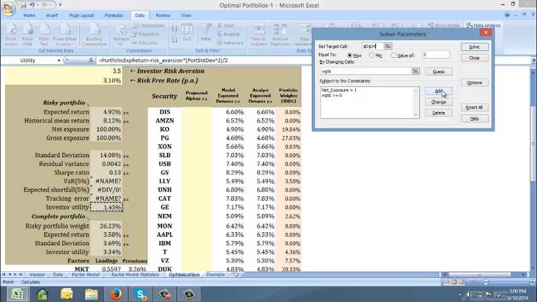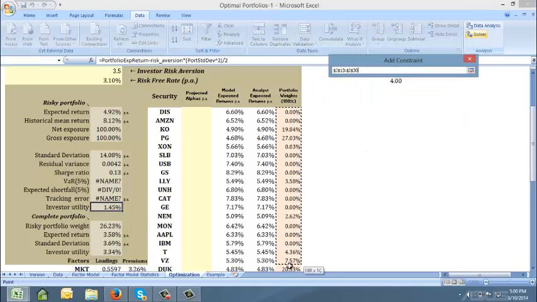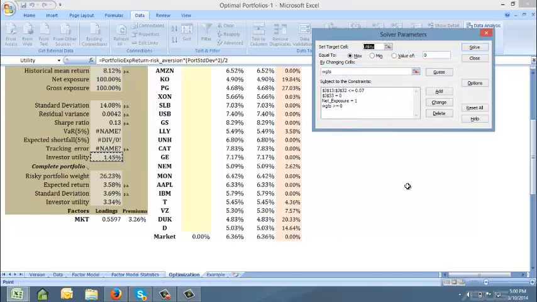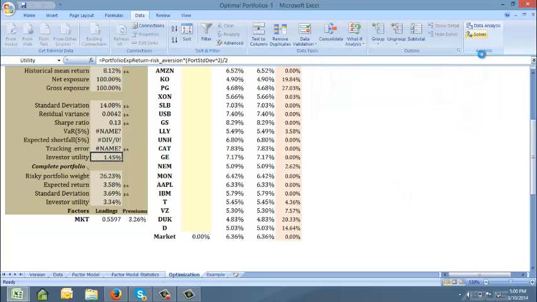We're going to add some constraints: these need to be less than or equal to 0.07, and then this one has to be equal to 0. Okay, make sure that's all we need. That looks right. We'll run solver quick.